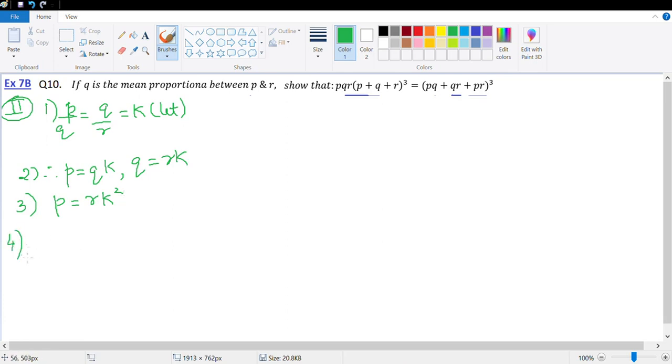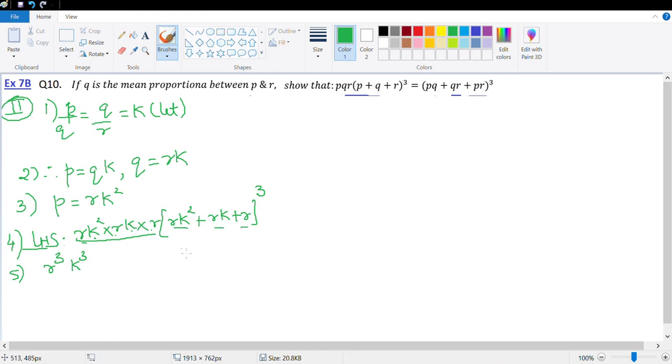Left hand side will give me P, which is RK square, multiplied with Q, which is RK, multiplied with R, which is R, multiplied with (P plus Q plus R) cubed, that is (RK square plus RK plus R) raised to the power 3. Let's see, what do I have? R, that's R cube, and K square into K cube. So I have taken care of all these elements outside. Anything common between these three?